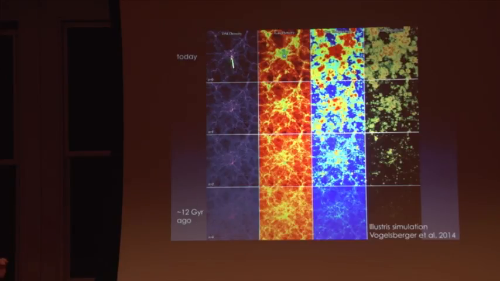And so what you see here is the dark matter density from redshift 4 to 0, and then the gas density. This is about 100 megaparsecs on a side here, and the slice here is, I think, around 10 megaparsecs, something like that. And then the colors here are showing the temperature of the gas and the metallicity of the gas.